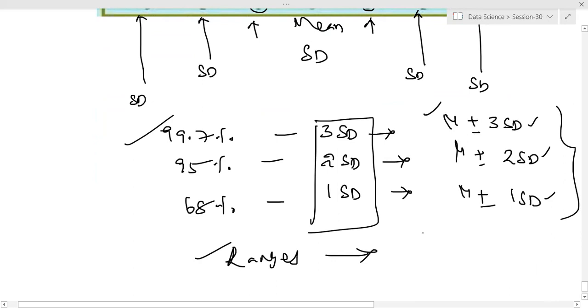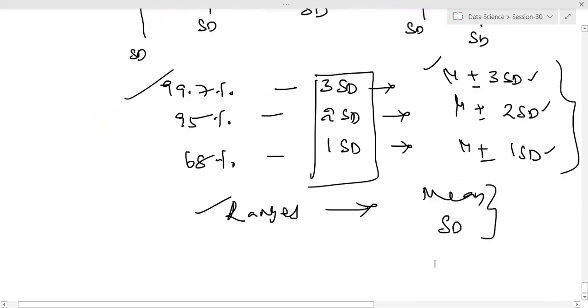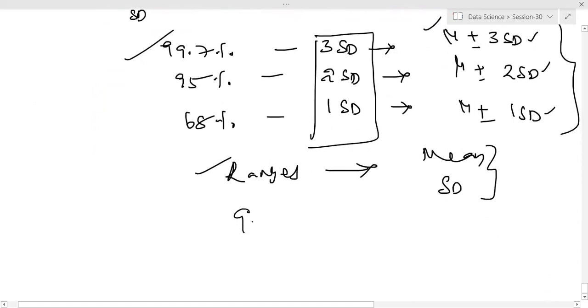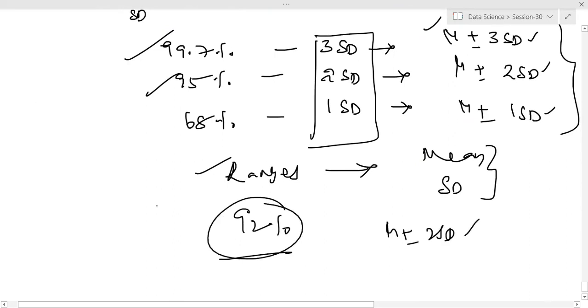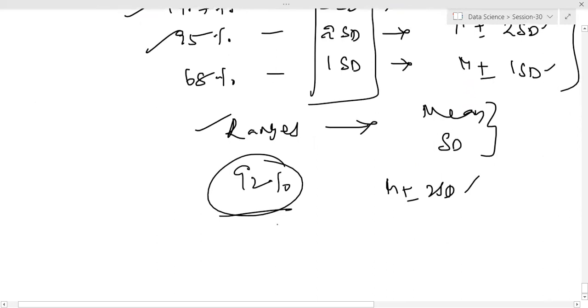If I have my mean and my standard deviation, and they put me under a requirement that 95% of the data is enough, I can select mu plus or minus 2 standard deviation. I need not go with everything. Whereas if the people are happy with some 70% of the data, I can simply go with 1 standard deviation.